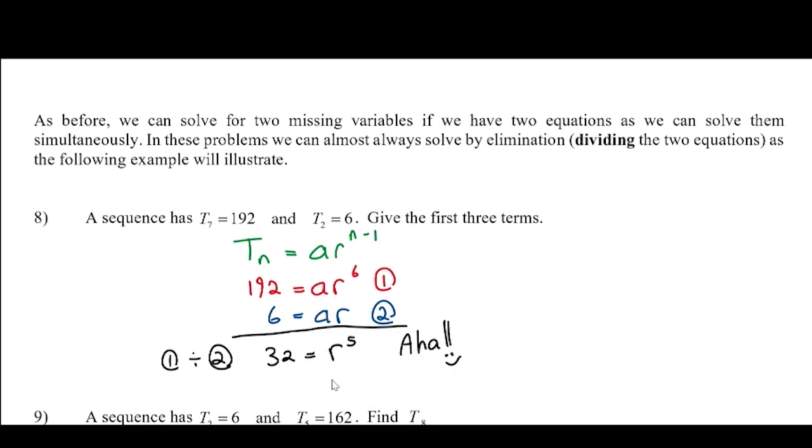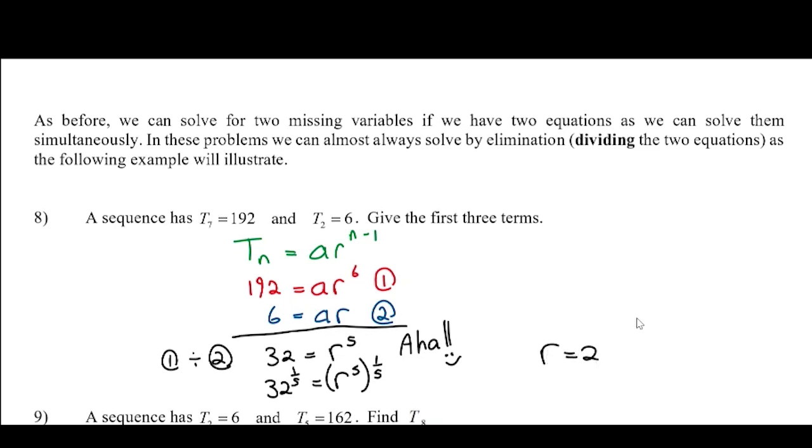Now what we're going to do is raise both sides to the power of 1/5. Remember, when we apply a power to a power, the exponents multiply, and I'll just get r to the 1. If I do that on the right-hand side, I must do the same thing on the left-hand side. So I get 32 to the 1/5, and 32 to the 1/5 is actually 2.